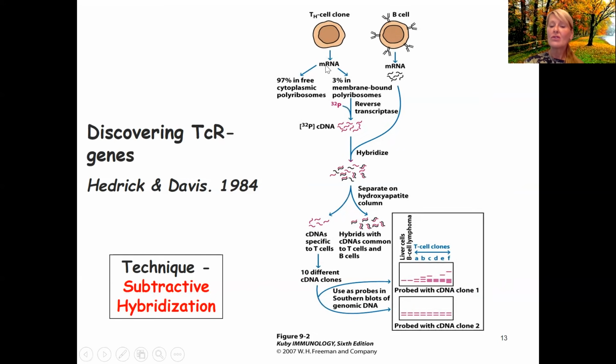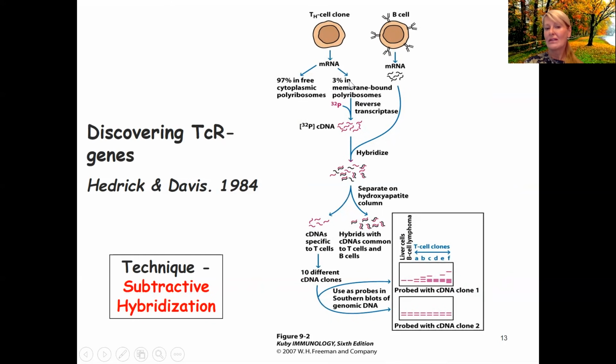So they took messenger RNA from each of these cells and they hybridized them together. Well, I should step back one step. Before they did that, from the T cell, they really knew that this was a membrane-bound receptor.